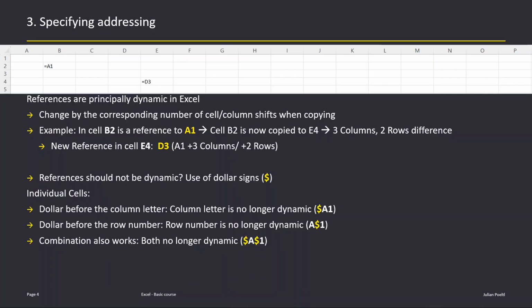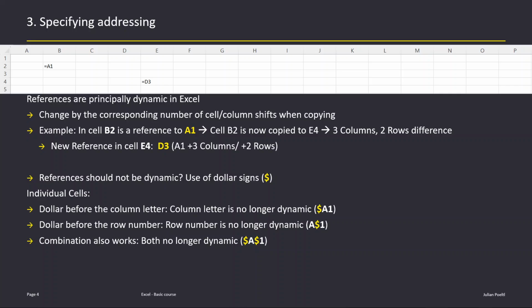And there's a method if you want to avoid this dynamic thing. And this is the use of the dollar sign. If you put a dollar sign before the column letter, the column is no longer dynamic. So if you copy it to the left or to the right, the reference column will every time stay the same. You can also put a dollar sign before the row number, then the row number is not dynamic anymore.